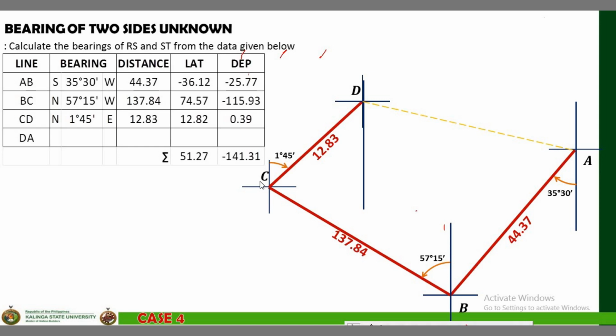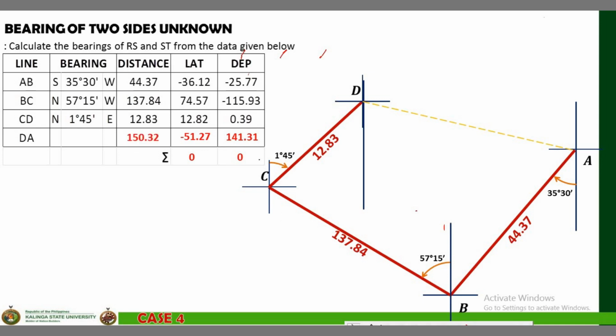So, what did we say in case 1? To get the latitude of DA, I'm just going to copy 51.27 but with the opposite sign. Same with the departure: copy 141.31 but with the opposite sign, so that the summations of latitude and departure zero out. Next, get the distance of AD.